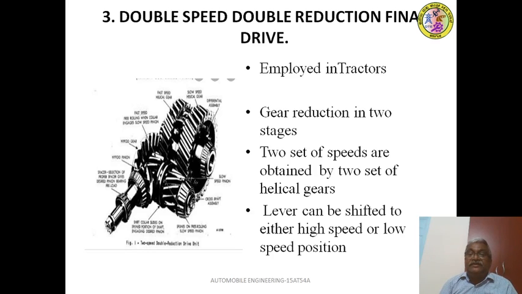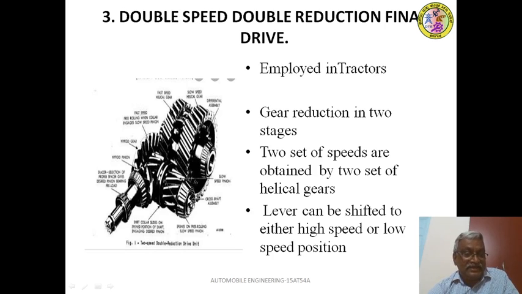This is the double speed, double reduction final drive. In this case, you can find there are two sets of gears in addition to crown and pinion. Here also, this is the drive pinion from the propeller shaft, and this is the crown wheel.